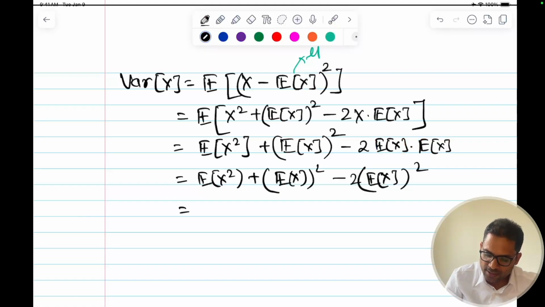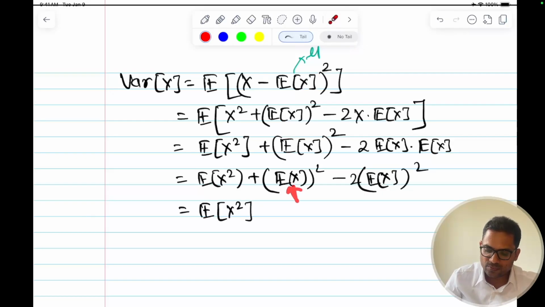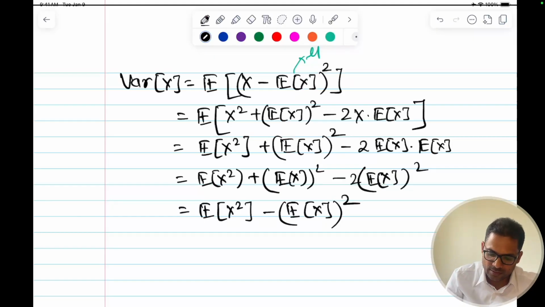What will this become finally? This will become expectation of x square, 1 time, minus expectation of x square 2 times, will become minus of expectation of x whole square. This is nothing but your variance.